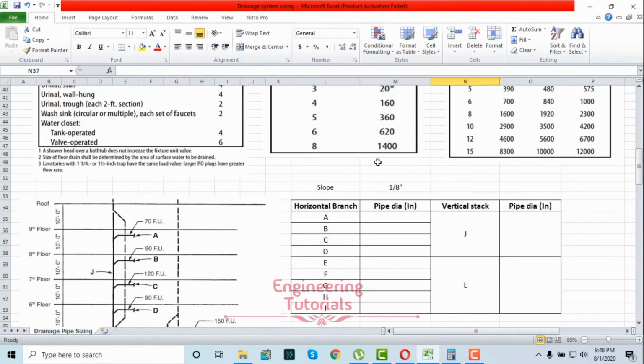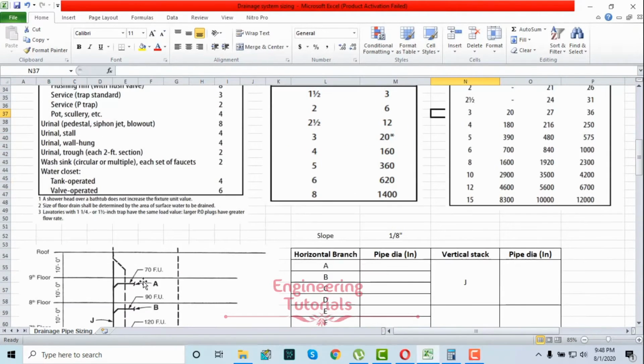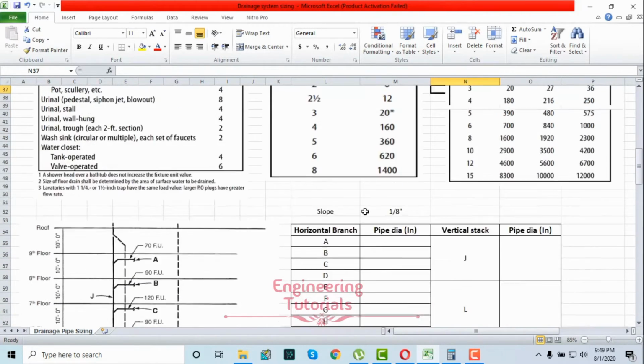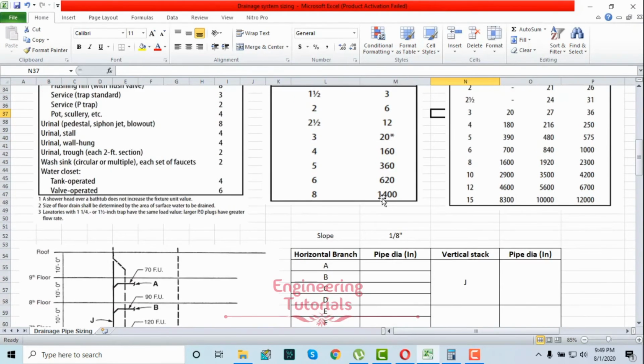We use this table 6-4 to calculate the branch pipe sizes for all of these branches. So we have 70 fixture units over here.